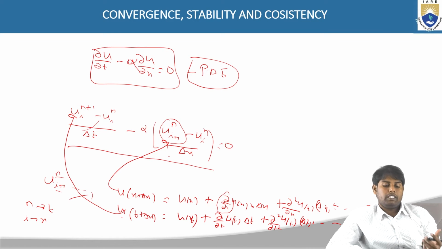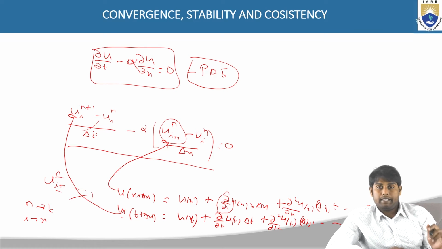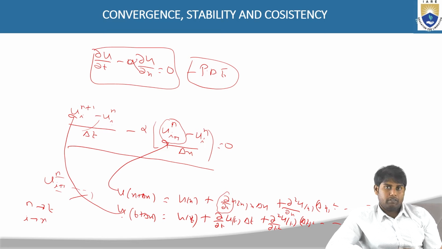Initially we have a PDE. For that PDE we write a discretized equation. That discretized equation we need to reframe again using Taylor series expansion.